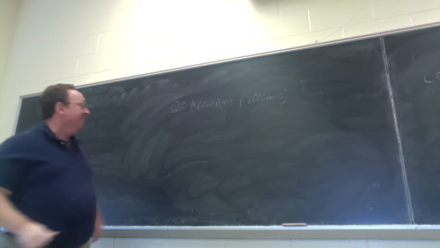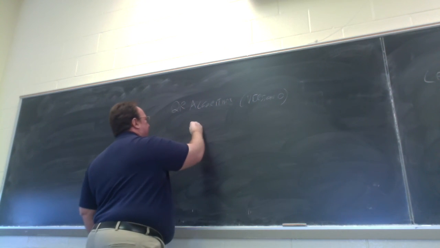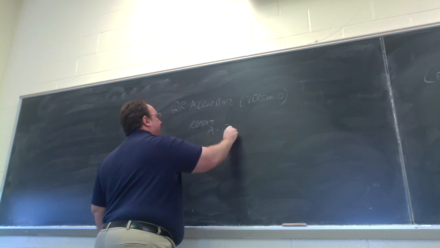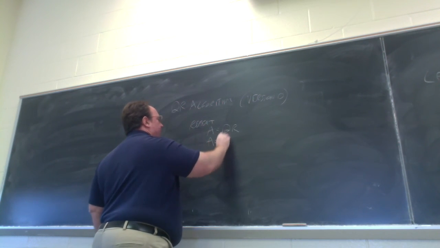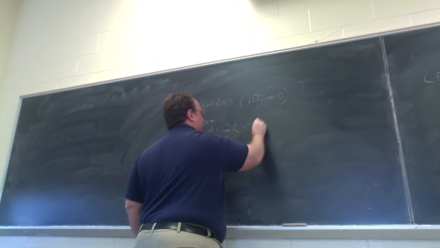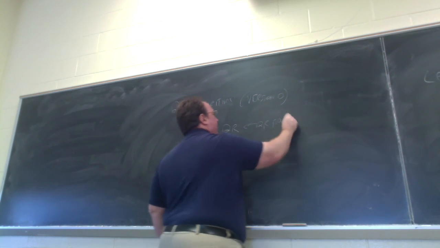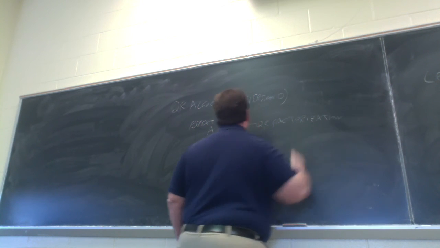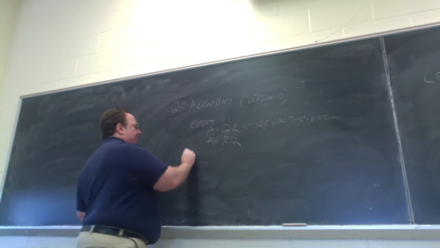It's that bad. Where you just repeat: A equals QR, A equals RQ. So the first step is just the QR factorization, and then the other is ordinary matrix multiplication.